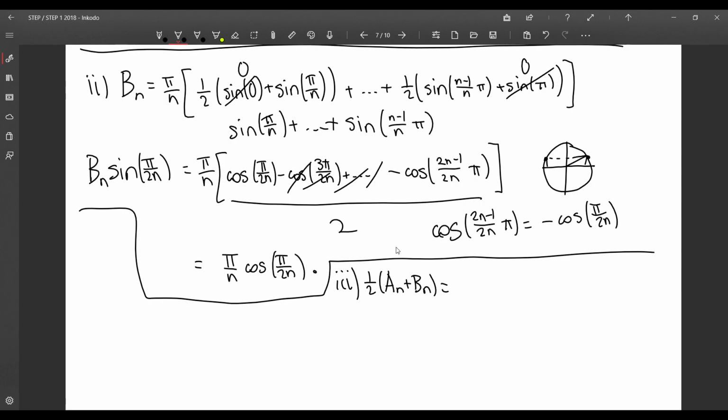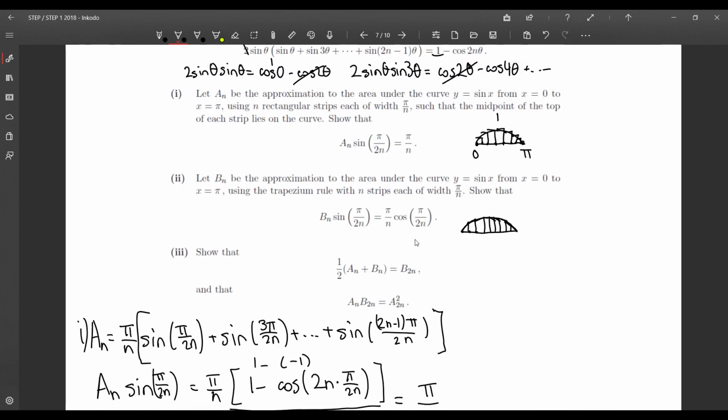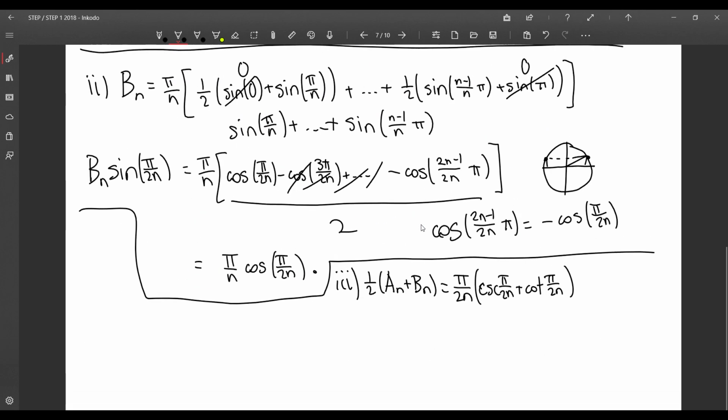I'm going to take out a pi over n, so we get pi over 2n, 1 over sine, so that's cosecant pi over 2n plus cotangent pi over 2n. And we have to show that this is equal to the cotangent of pi over 4n.